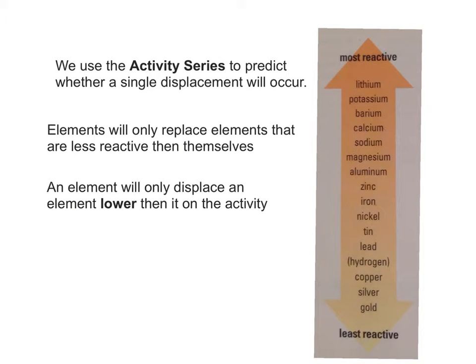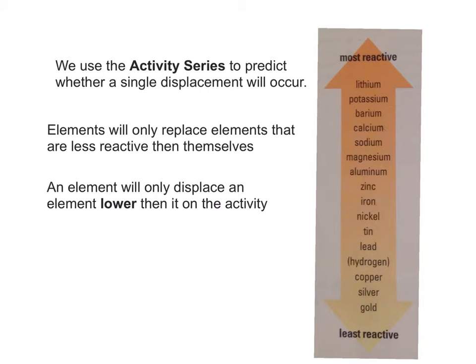The activity series predicts whether single displacement reactions occur because elements will only replace elements that are less reactive than themselves, which means they will only displace an element lower than it on the activity series. So the reason why our method of polishing the silver bracelet worked is because aluminum is much higher on the activity series than silver.